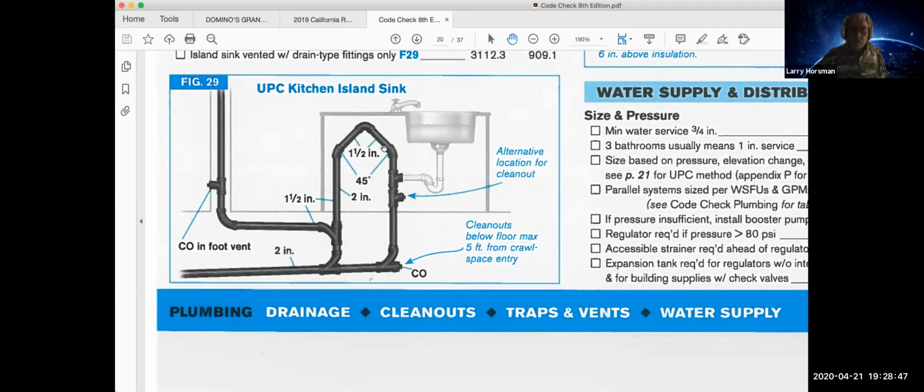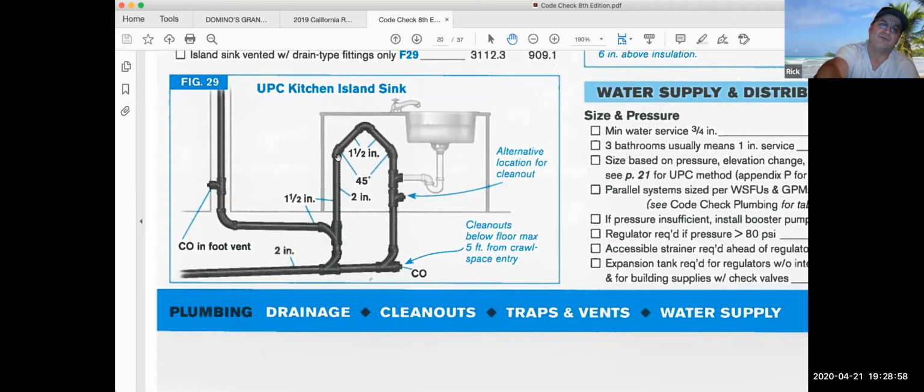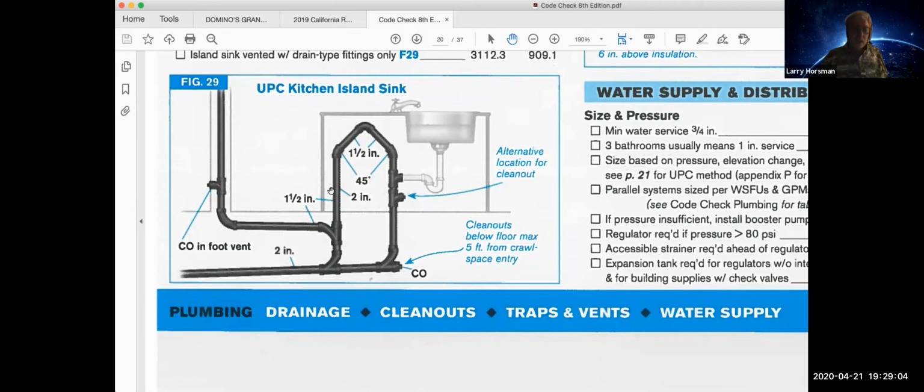But, you know, if air gets trapped in here, then you're going to pull a vacuum and it won't be able to flow properly. So that's all that's in that top pipe where the 45s are and it says 1.5 on both sides, that's all just air, right? Yeah, that's just to get you over. Hopefully you're at or above the flood rim or the overflow in your sink, which most sinks will have.